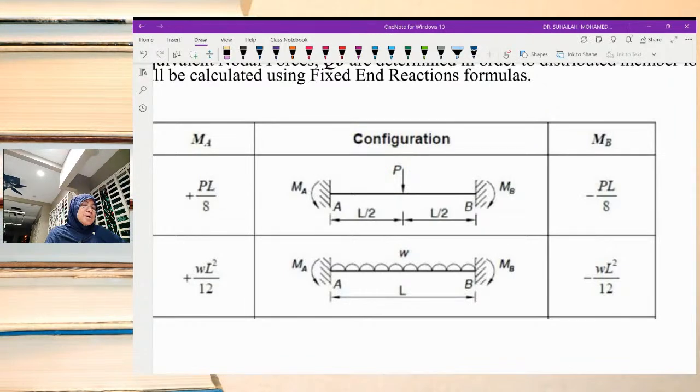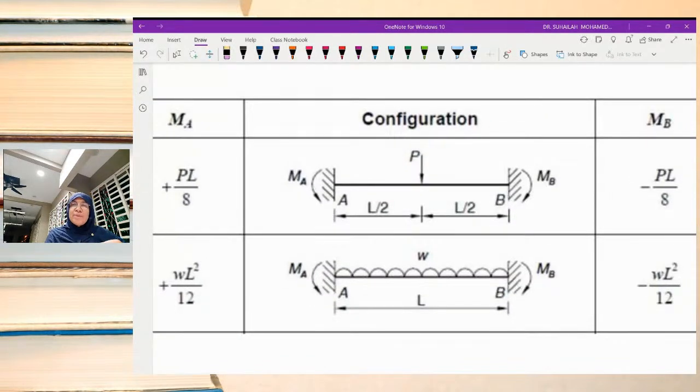So for doing that, we have to assume that both ends are fixed, A and B are fixed. Then we will have the vertical reaction as well as the moment at both fixed ends.